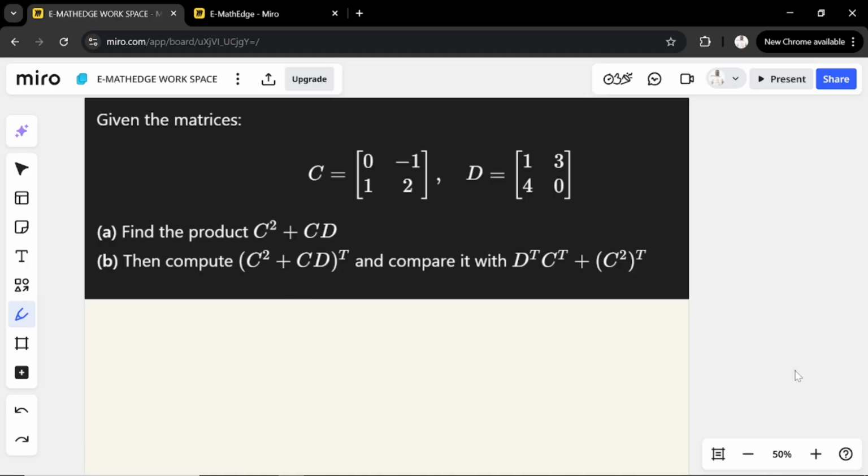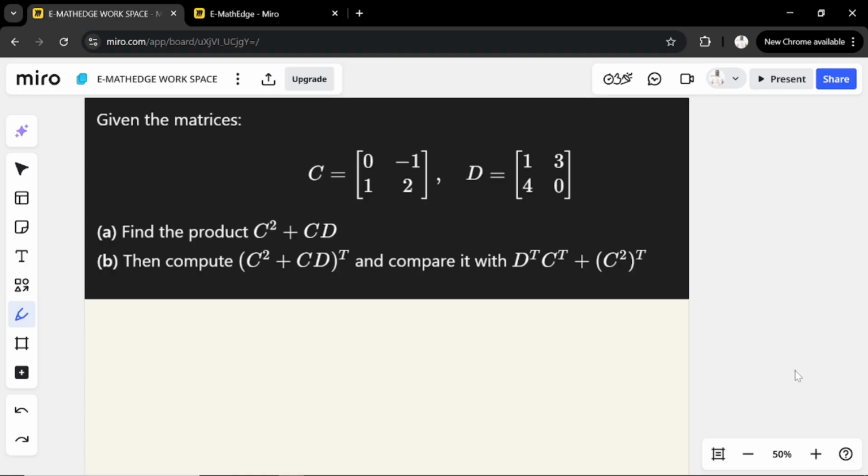So in other words, we are to obtain the transpose of C squared plus CD and compare to see if the answer will give us a similar matrix to that of D transpose C transpose plus C squared transpose.